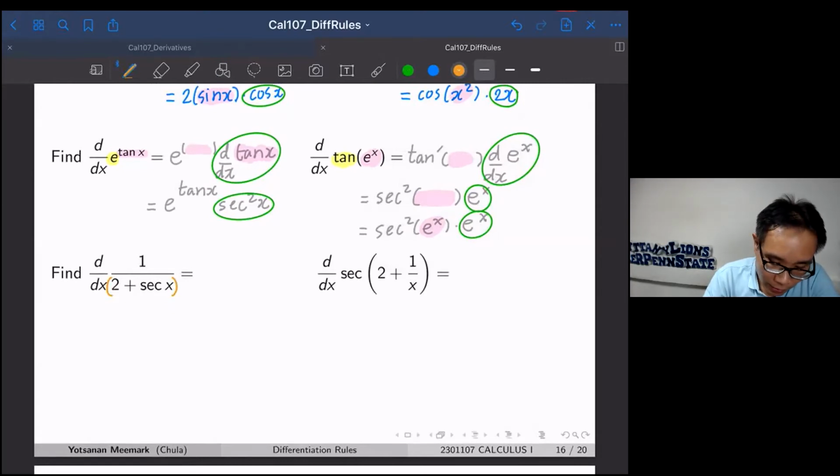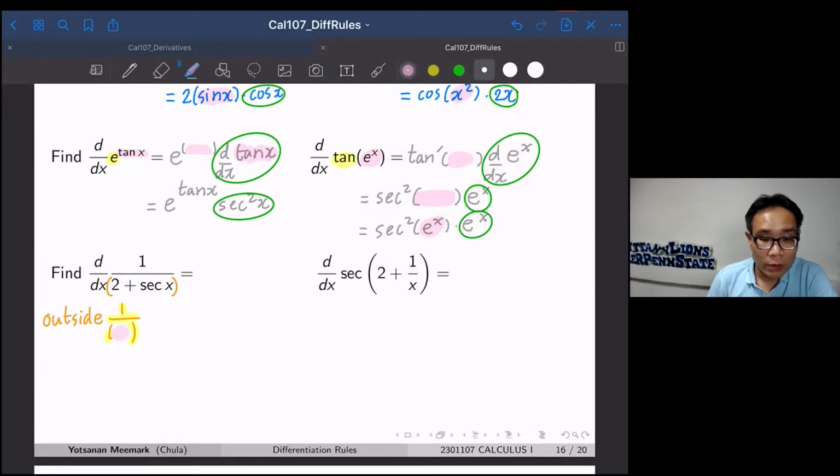And so in this case, the outside turns out to be 1 over the yellow guy, and the inside turns out to be 2 plus sec x.